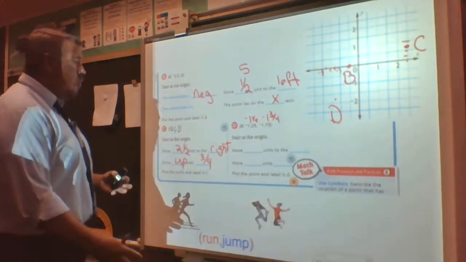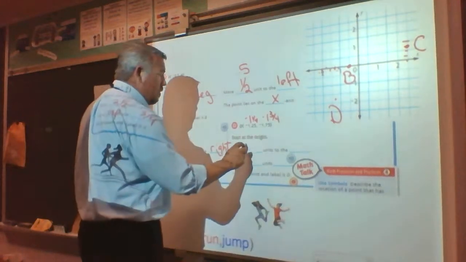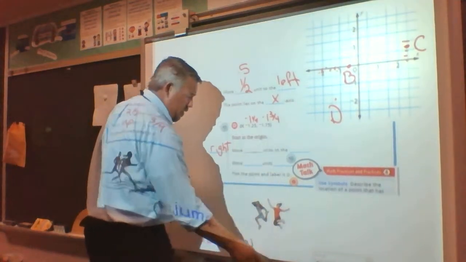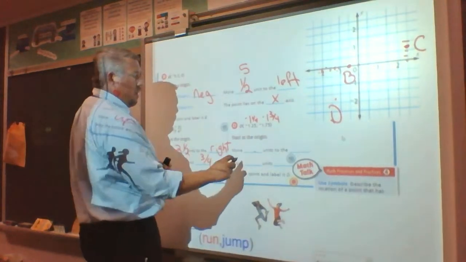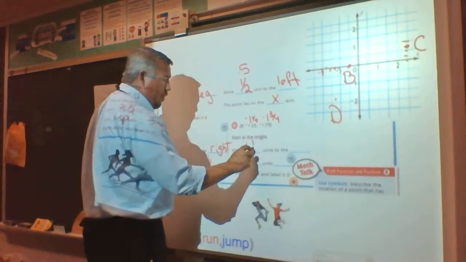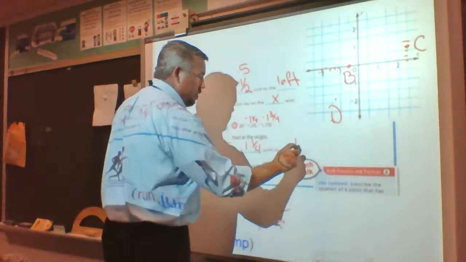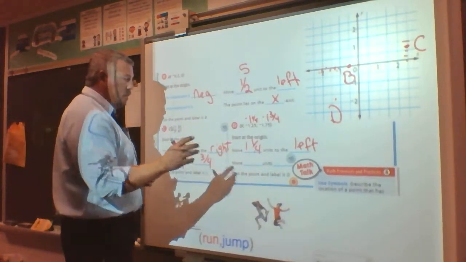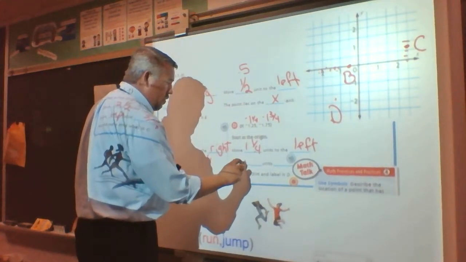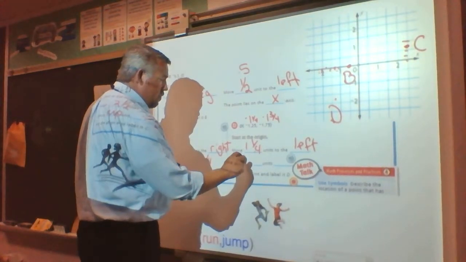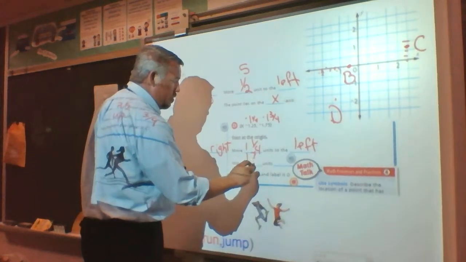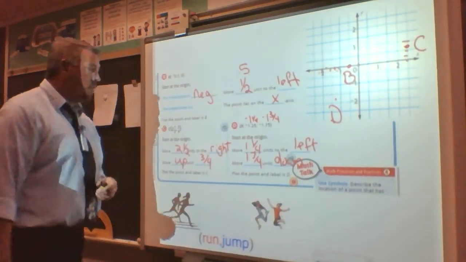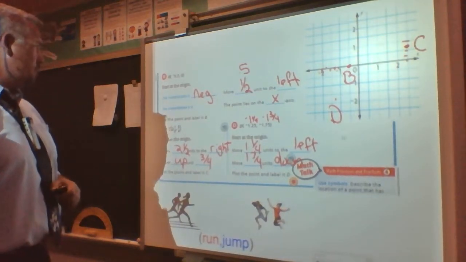So I'm going to move 1 1/4 units to the left because it was negative. And then I'm going to move down 1 3/4 units because it also was negative.